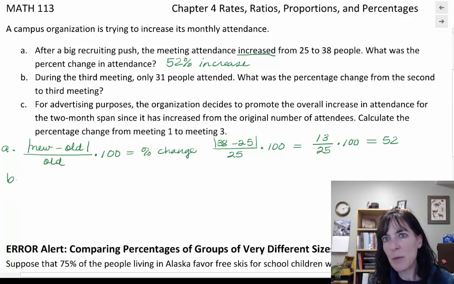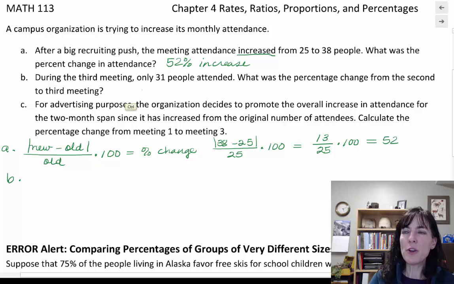Part B. During the third meeting, only 31 people attended. What was the percent change from the second to the third meeting? And if we had at the second meeting 38 people, I can see we're going to have a percent decrease. Well, let's calculate it.